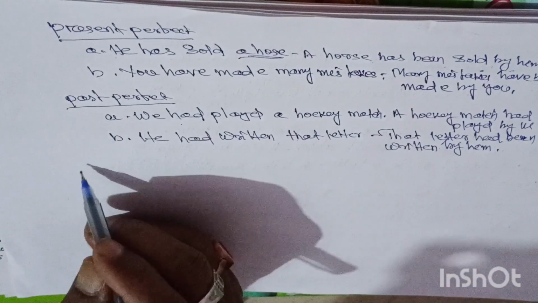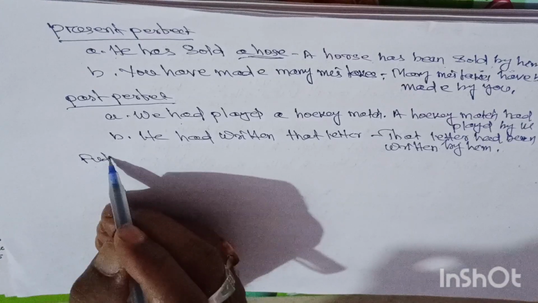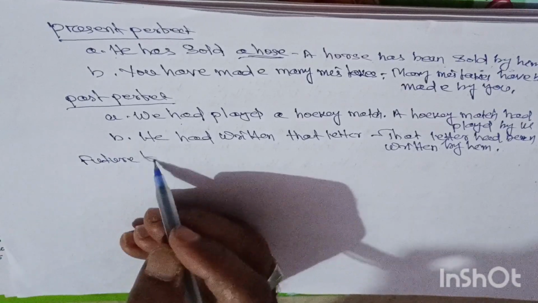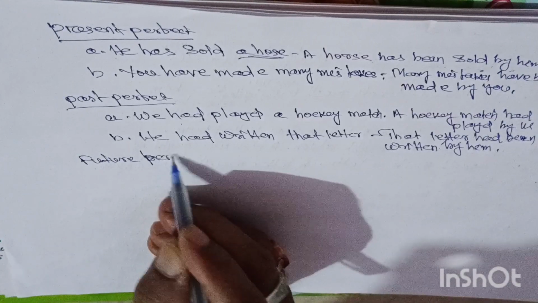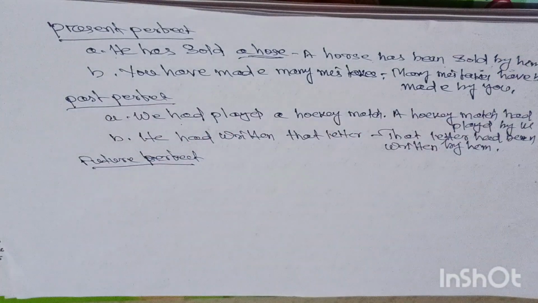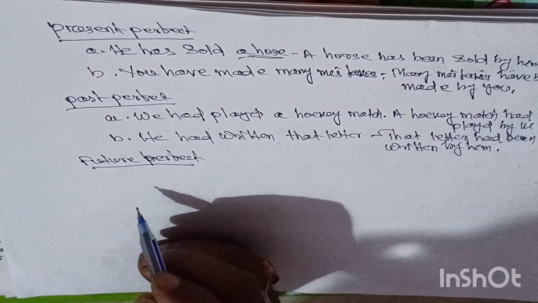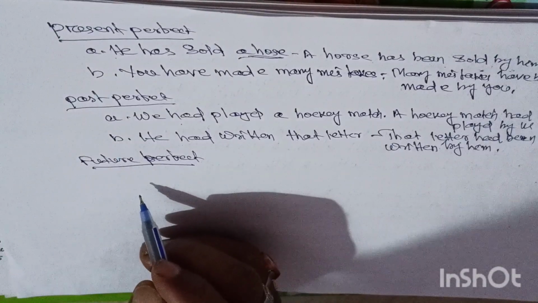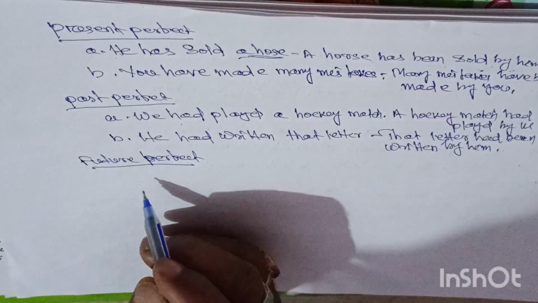Then we come to future perfect. When the sentence is future perfect, how do you change it into passive? Some rules are used. Only practice those sentences, then you can easily convert active voice into passive or passive to active.